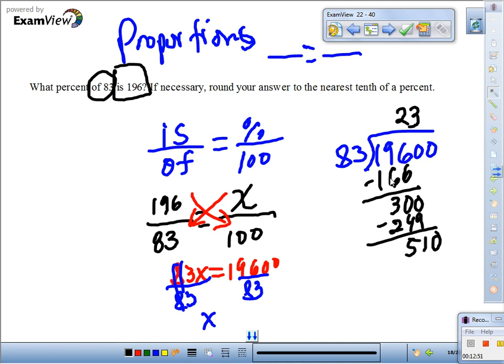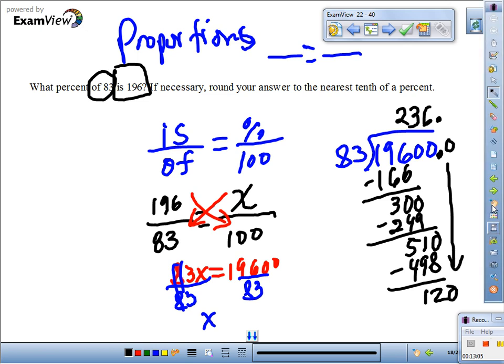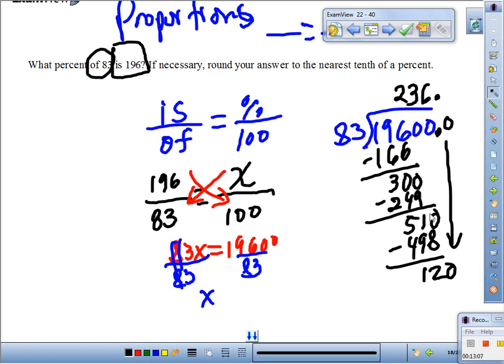Bring down the 0. That fits in there how many times? 6. That's 498. That leaves us with 12. Is that correct? Add a decimal and a 0. Bring it down. All right. How many times does it fit in there? Once. So let's see. That's 83. Subtract.